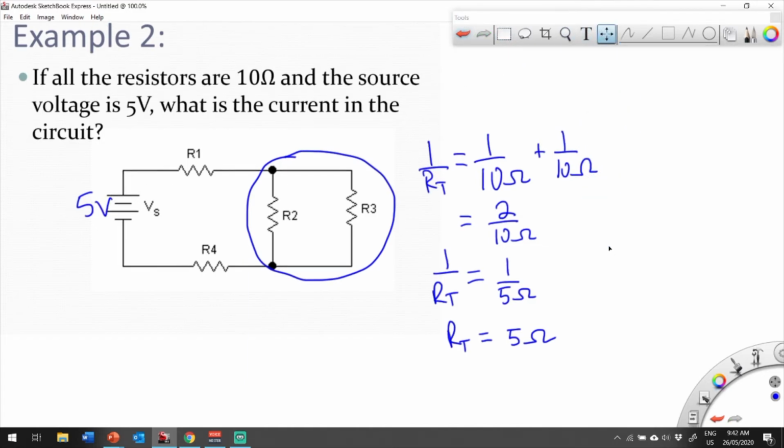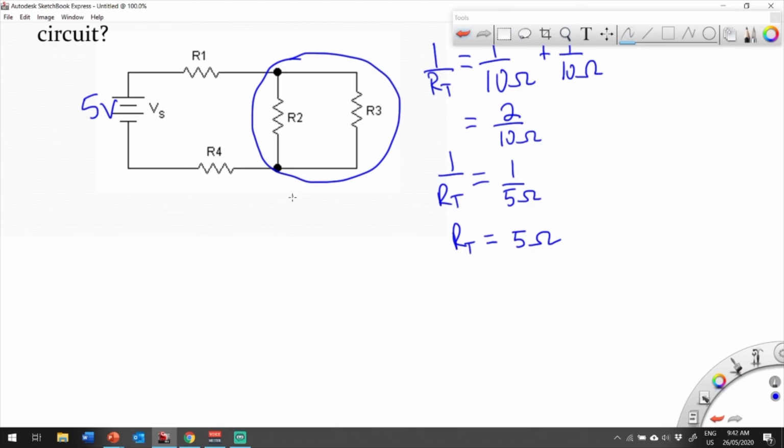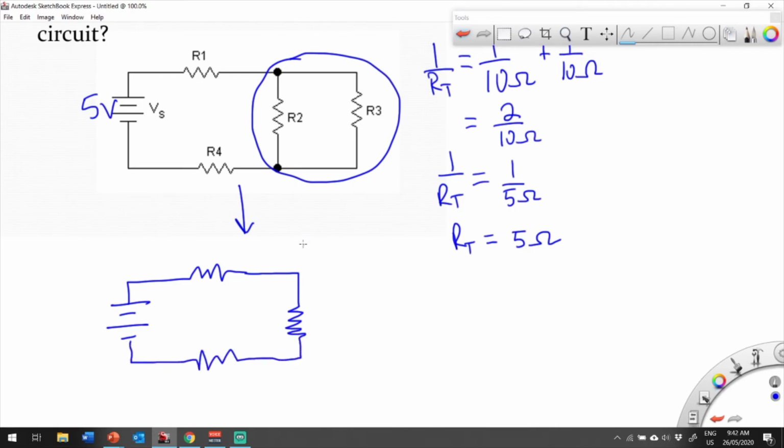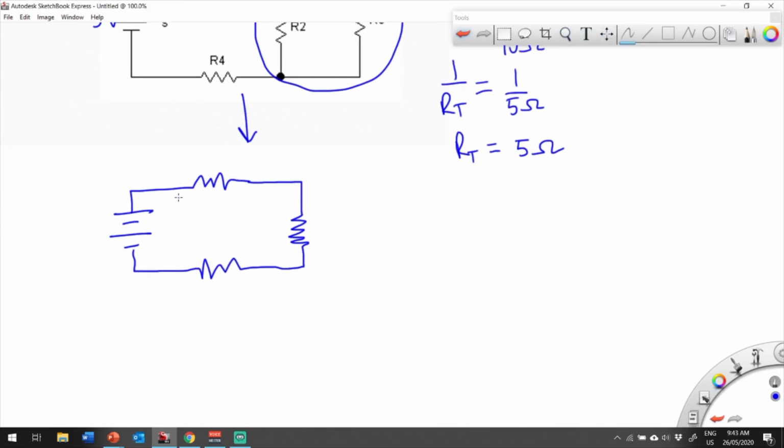Alright, now once you've calculated total resistance, we can simplify this problem to look like this. We have our battery, resistor, and that pair of parallel resistors can now be reduced to a single resistor like that. Now all three of these resistors are in series. So this is R1, this is R4, and this is the result, let's call this 5 ohms.